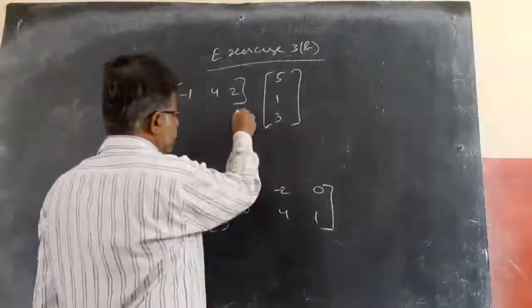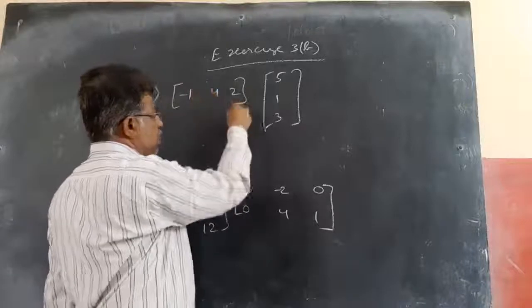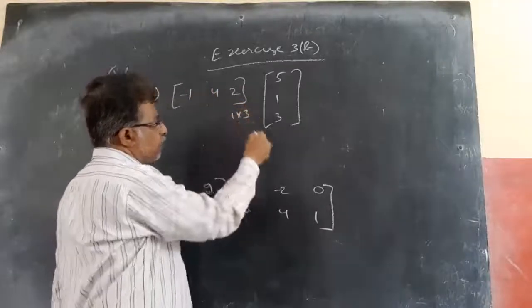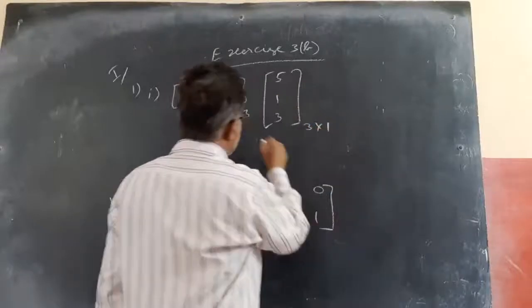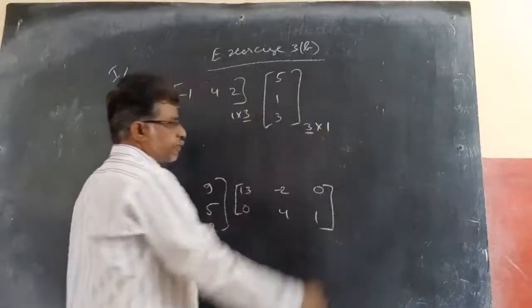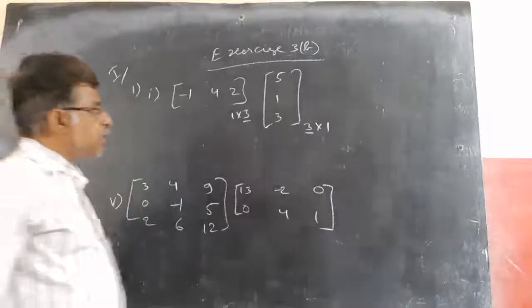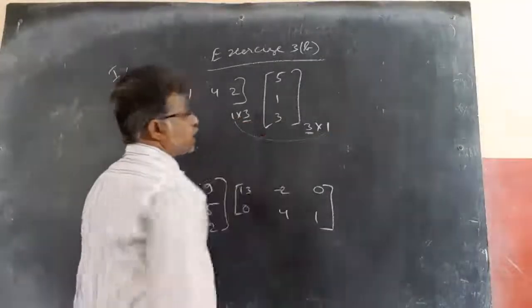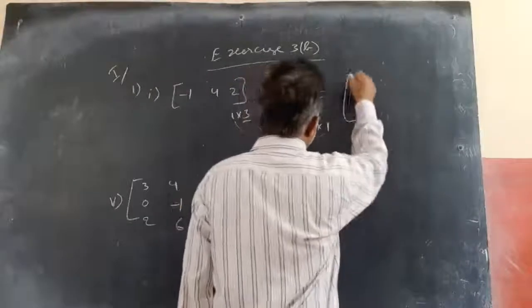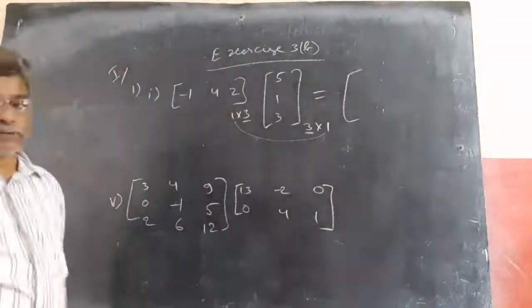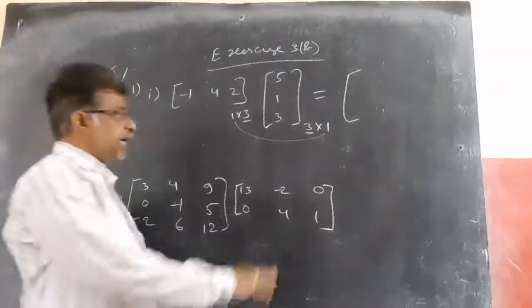What is the size of this matrix? 1 row, 3 columns means 1 by 3. What is the size of this matrix? 3 rows, 1 column means 3 by 1. Number of columns equals number of rows, so multiplication is 100% possible and the resultant is 1 by 1. How to multiply? We already discussed it. First row with first column gives you the first row, first column element of the resultant.